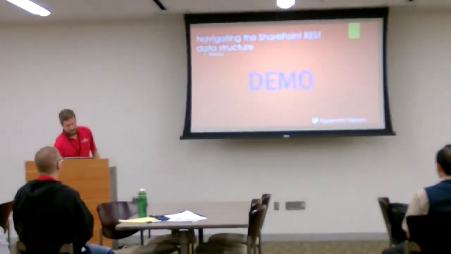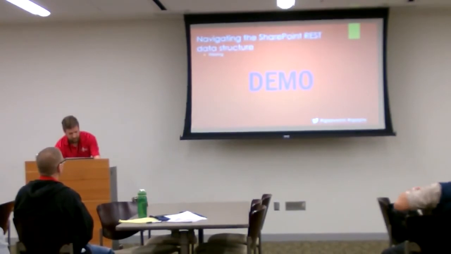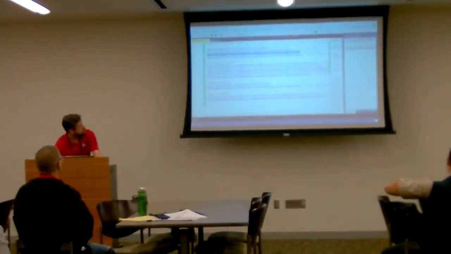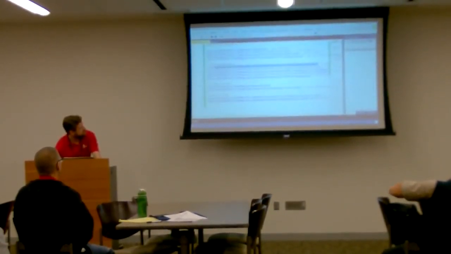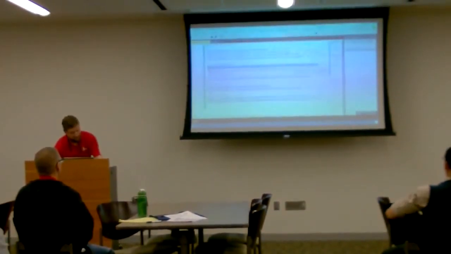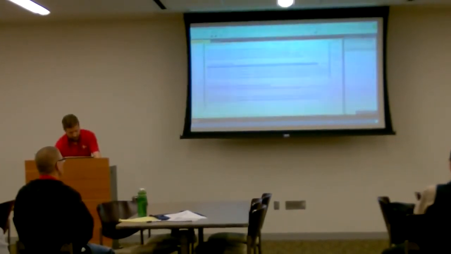So now let's do some demos. Let me switch over to samples. And we're going to go to that same list, and I'm going to show you the same example. Give me all of the items out of the demo list, but just show me the title. And we're going to pare that down a whole lot.